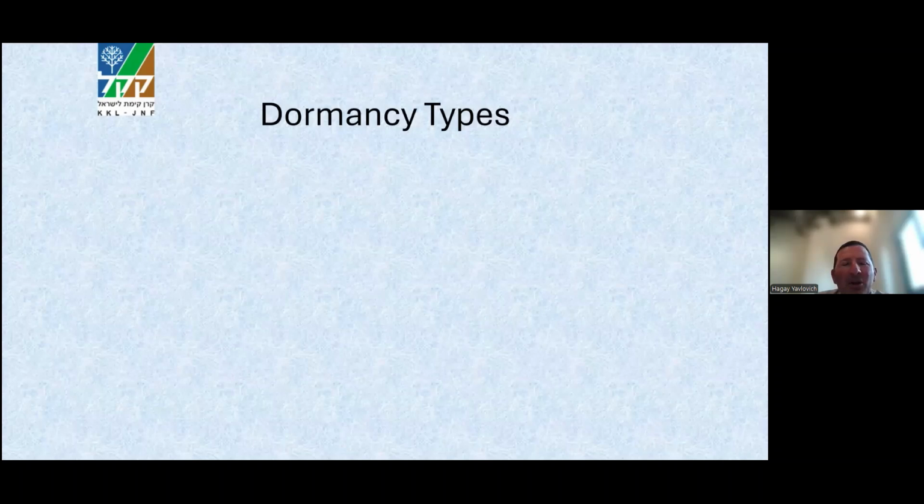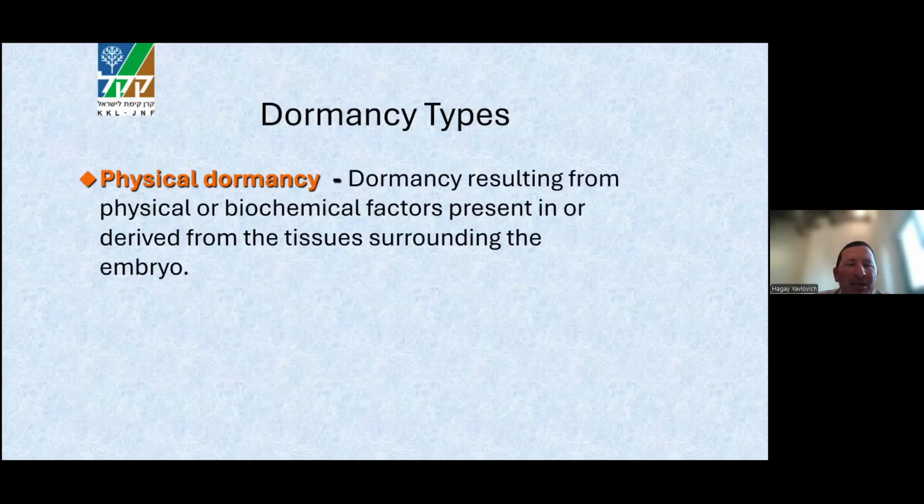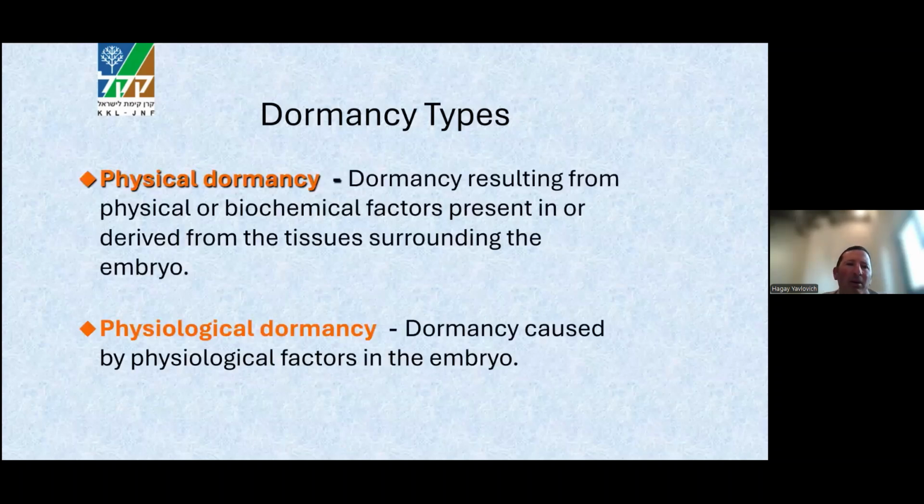Okay, let's talk about the dormancy types. Actually, we can divide it into two types of dormancy. One we call physical dormancy, resulting from physical or biochemical factors present in the tissues that surround the embryo, not inside the embryo.